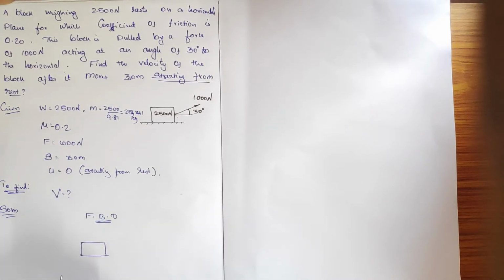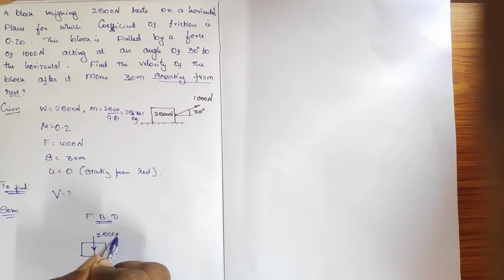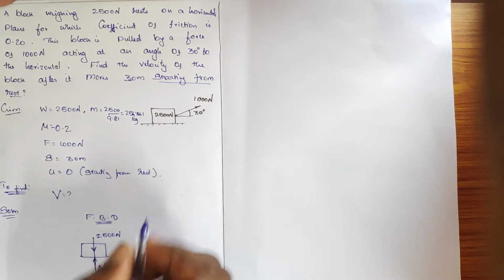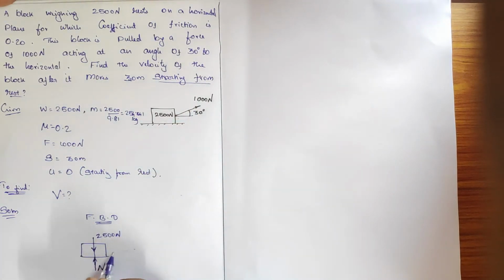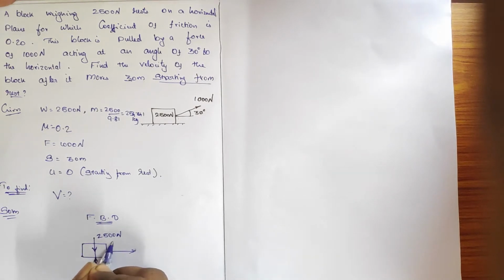This is a block. So the weight of the block will act downwards, which is 2500 Newton, and in the contact region there will be a normal reaction which will be upward, something like this. And then here we have the inclined force. The inclined force has a horizontal component and a vertical component, am I right?